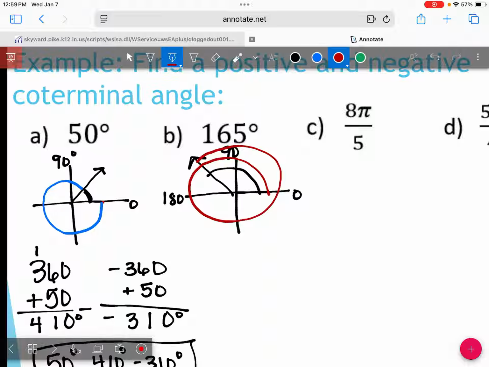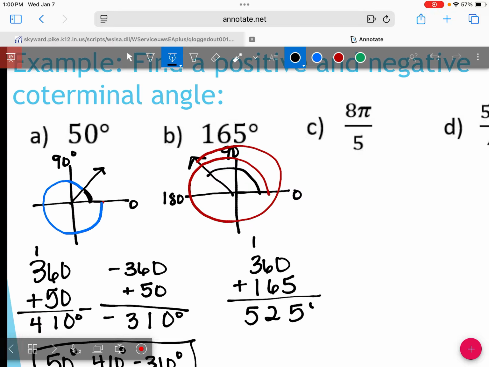So what I want you to do is take 360 plus 165. All right, who got 525 degrees?